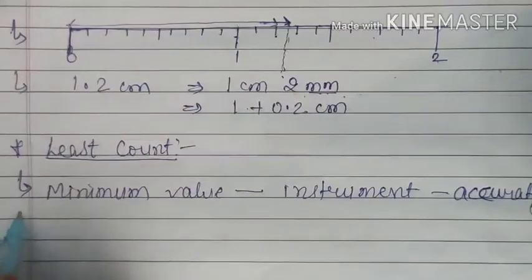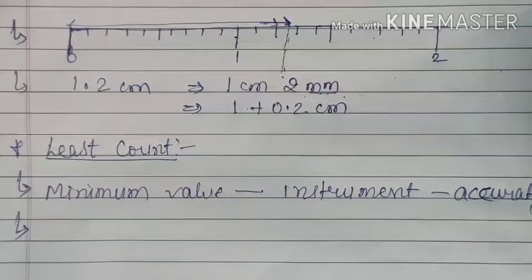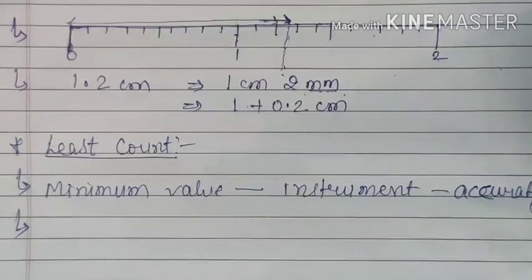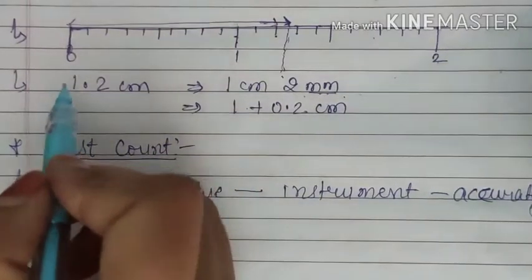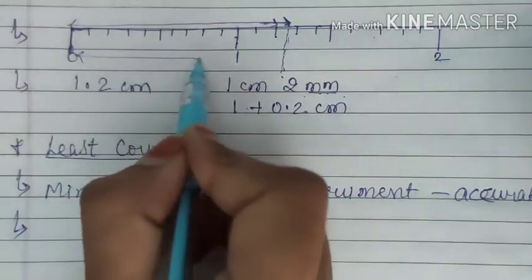Our next work will be how to find out least count, because if you continue with physics, you will have to use this concept each and every day, because physics means measurements and physics means physical quantities. So if you are studying physical quantities, you will have to measure them, and for measurement we will need least count.